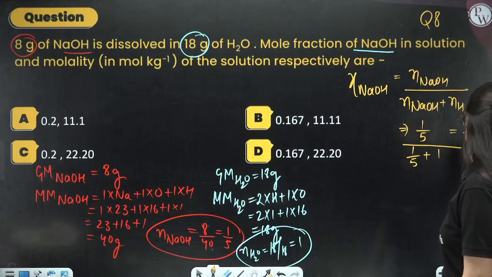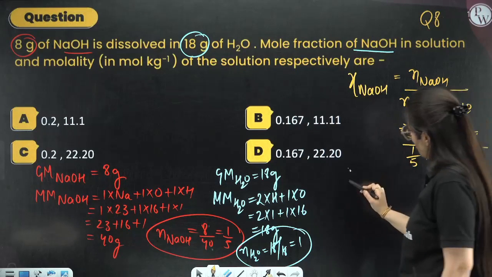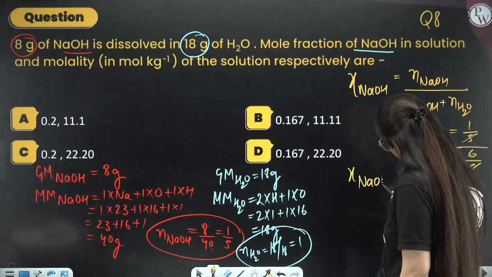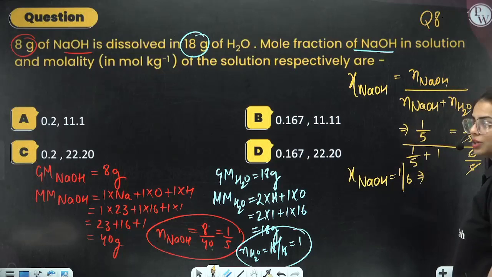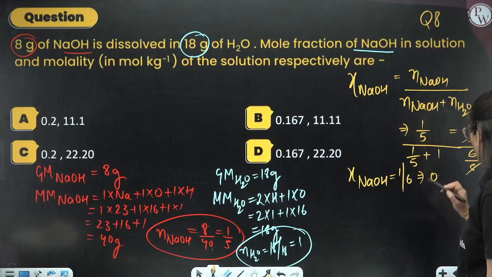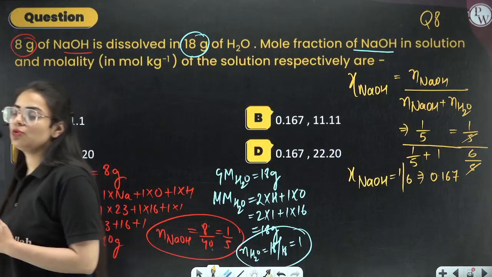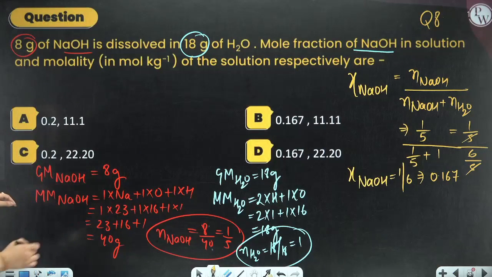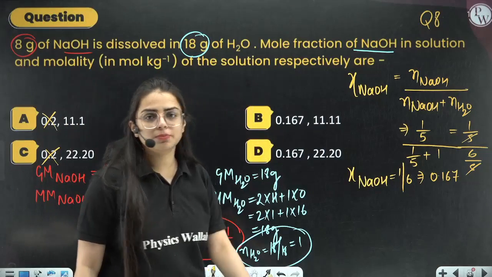This comes out to be 1 by 5 divided by 6 by 5. We are going to take LCM, so 5 plus 1 is 6. The 5 gets cancelled. Mole fraction comes out to be 1 by 6, which is 0.167. If you look at the options, here you have 0.2, here you have 0.2. That means it is either option number B or D.